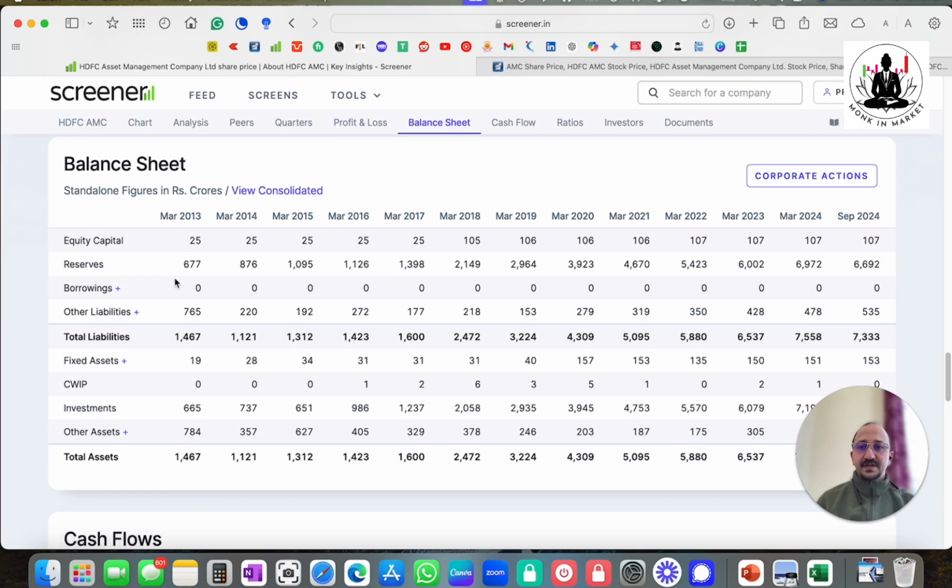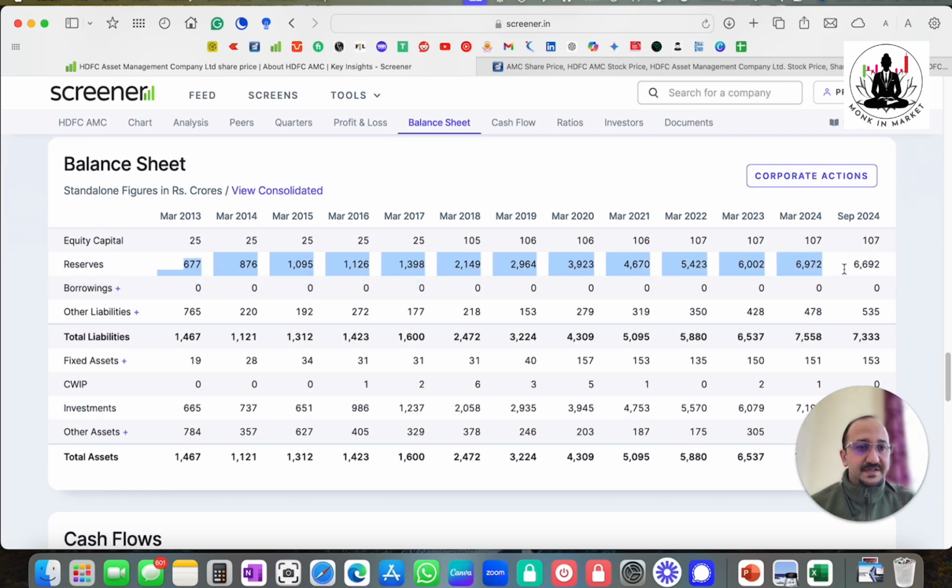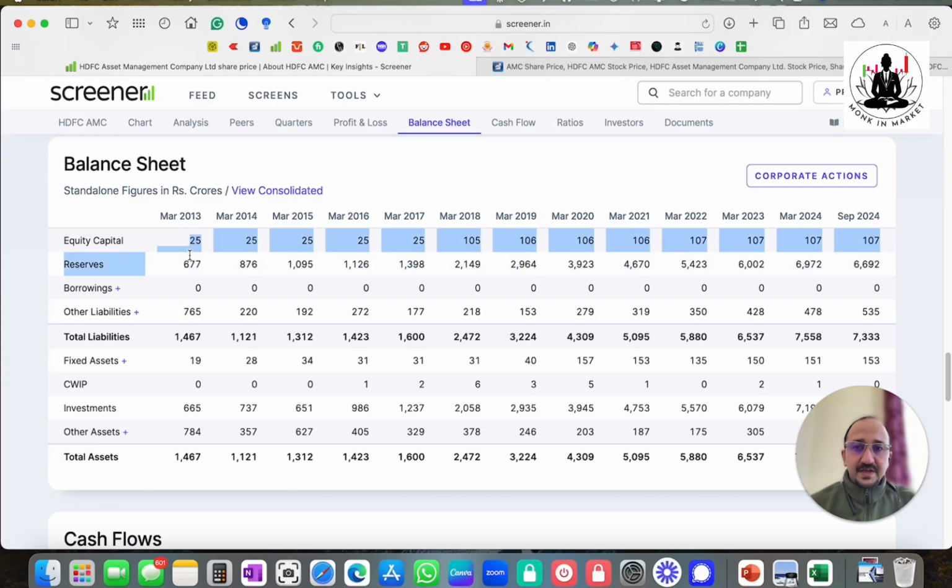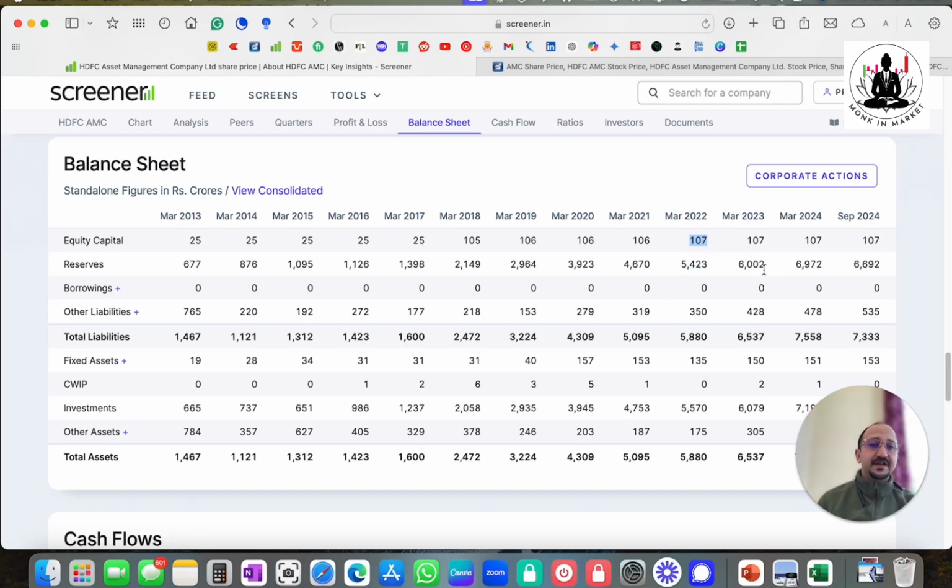So balance sheet. Are reserves increasing? Absolutely, they are increasing very insanely. Is equity higher than the loans? So these are the loans. If the loan was say 50 crores, equity is 5,000 crores plus this 100. Very high. 6,000 crore was the equity plus this 100 crores, so it is 400 crores. So the second is also a green flag.